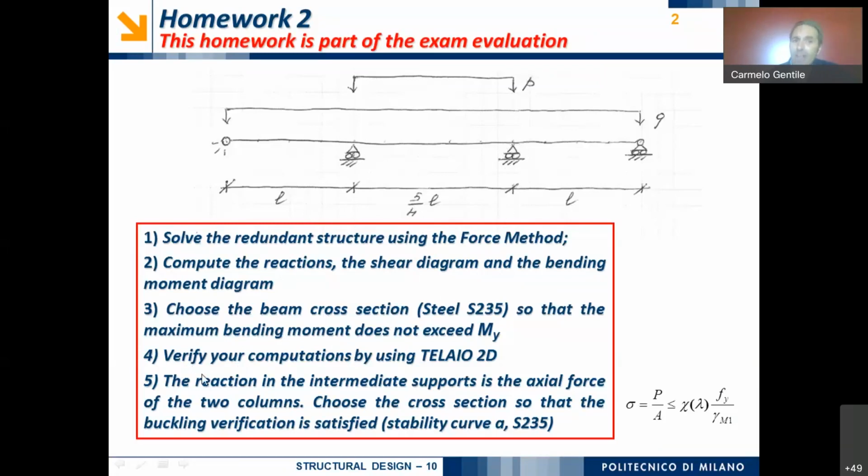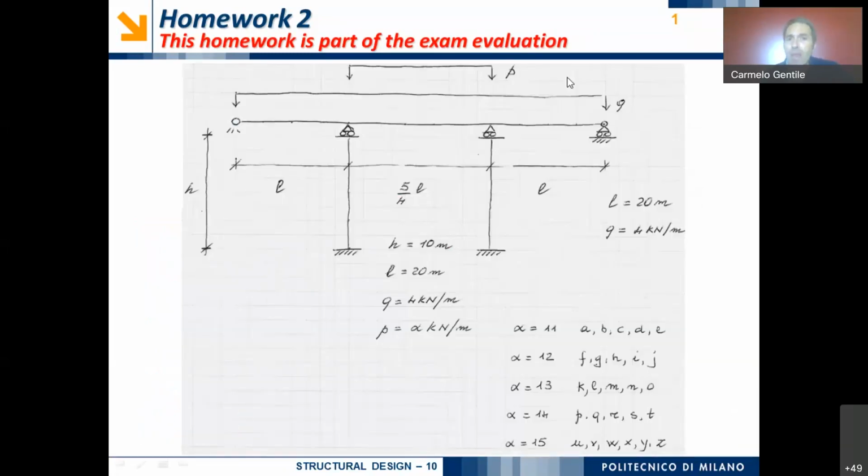But now let us assume that the reaction in the intermediate support is the axial force of the 2 columns, because we have to remember that the original structure also includes 2 columns that are the supports to the intermediate sliding element.